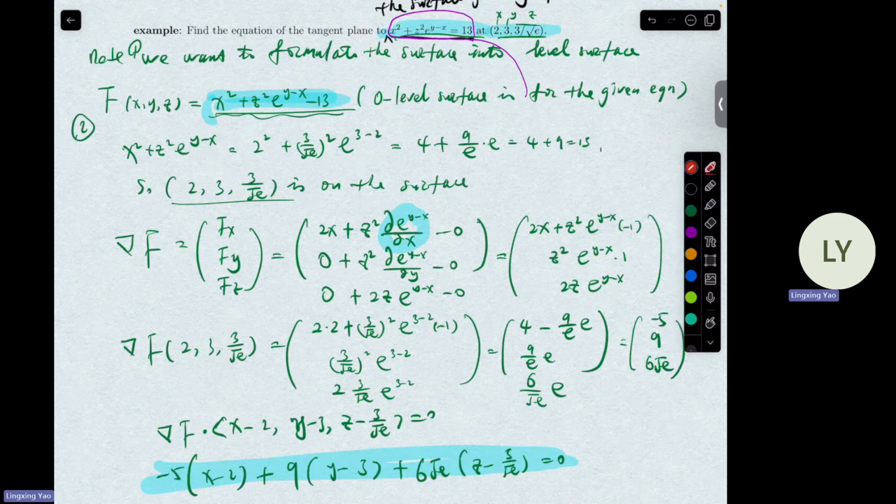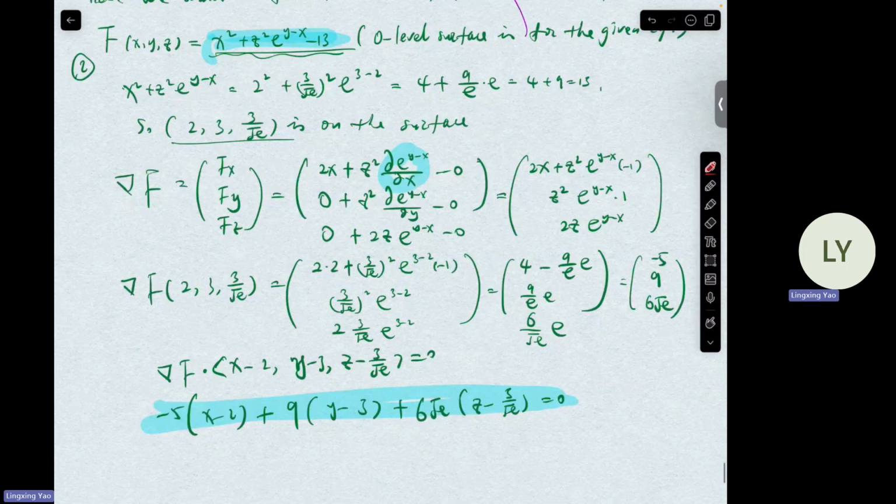Okay. So one thing we really want to point out is how we look at the equation of the tangent plane. And there are two different scenarios, right?